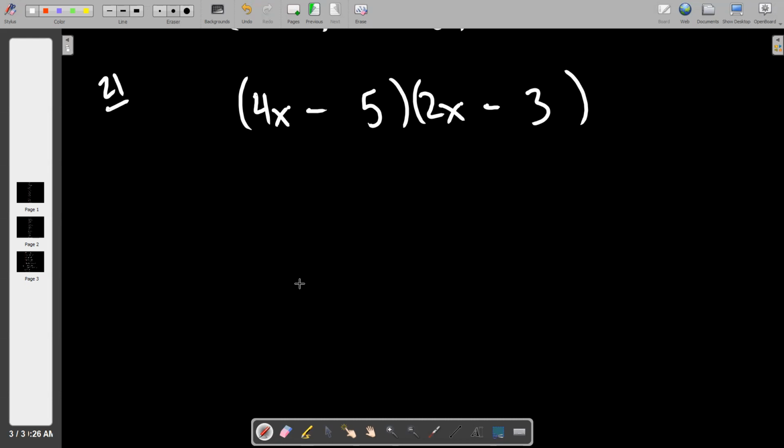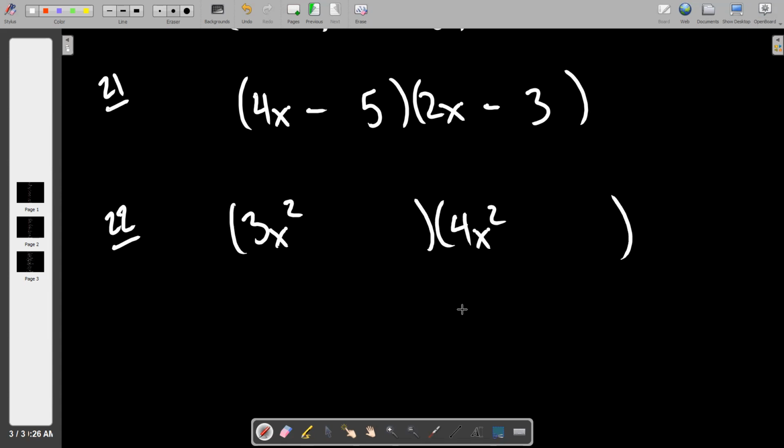Let's run with it. So number 22 is no GCF. Number 22 is, I think, more evil than number 21. Which template works on problem 22? 3 and 4? Okay, so I'm going to do a 3x squared and a 4x squared. And I know that there has to be one of each, and I need a 9. Is it a 9 and a 5 or a 3 and a 15?